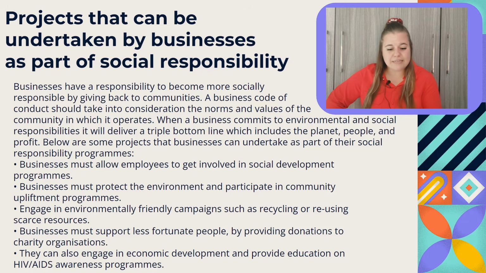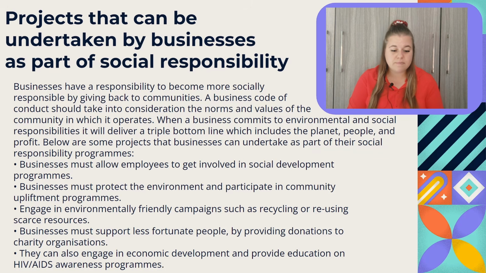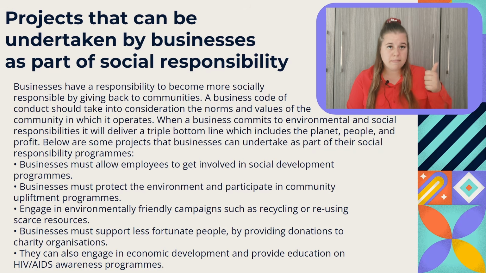Projects that can be undertaken by businesses as part of social responsibility. Businesses have a responsibility to become more socially responsible by giving back to communities. A business code of conduct should take into consideration the norms and values of communities in which it operates. When a business commits to environmental and social responsibilities, it will deliver a triple bottom line, which includes planet, people, and profit.